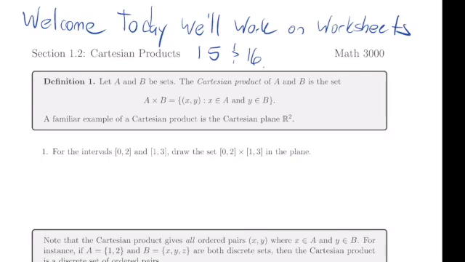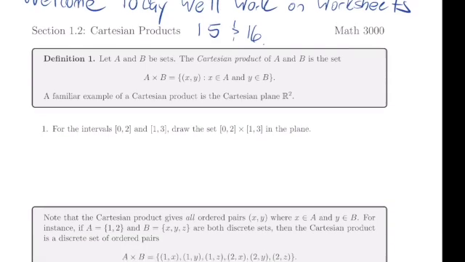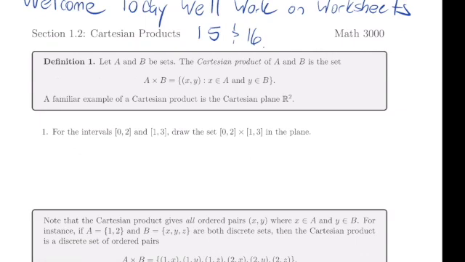Okay, so let's quickly review what was on the video quiz. When we talk about the Cartesian product of two sets, it's a fancy word. It's just an ordered pair of points, essentially. The first element in the pair comes from the first set, and the second one has to be an element in the second set.